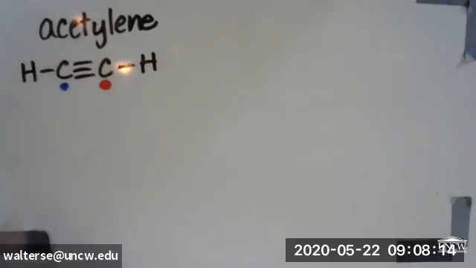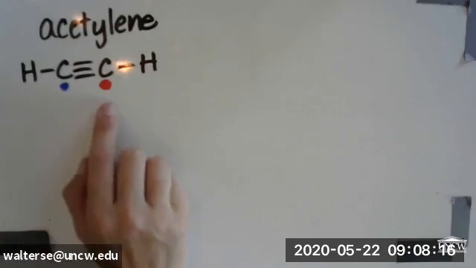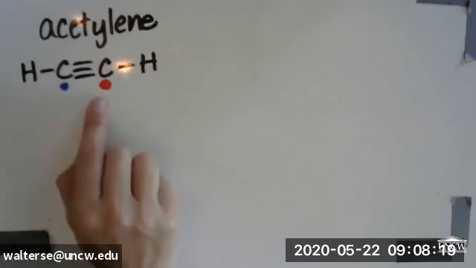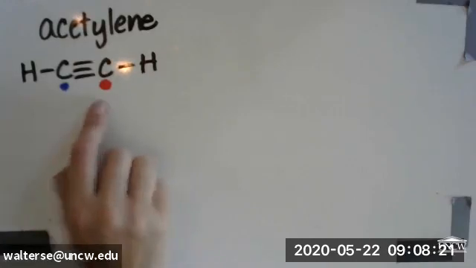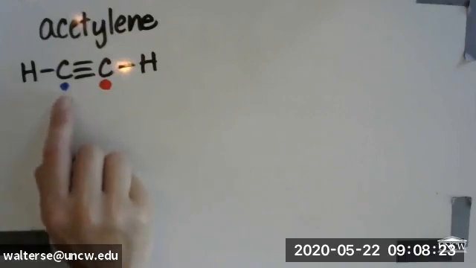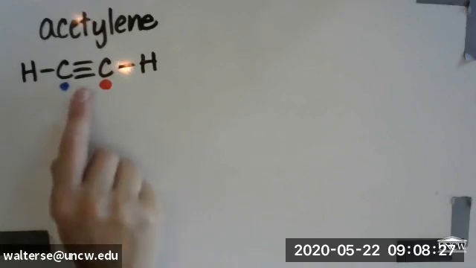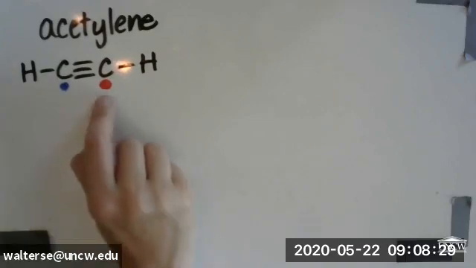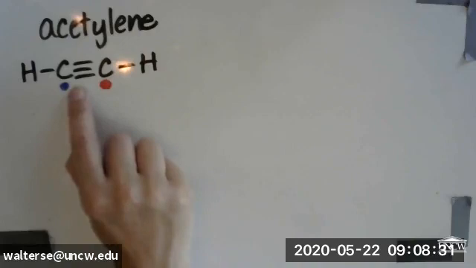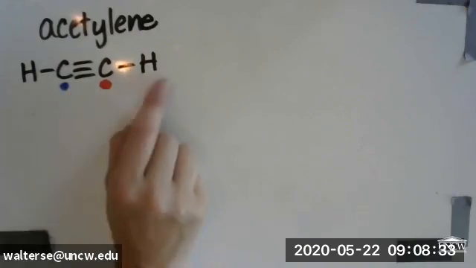But when you look at these 2 carbon atoms, they're in identical environments. The carbon atom with the blue dot is bonded to a hydrogen and triple bonded to a carbon. The red carbon is triple bonded to a carbon and single bonded to a hydrogen.